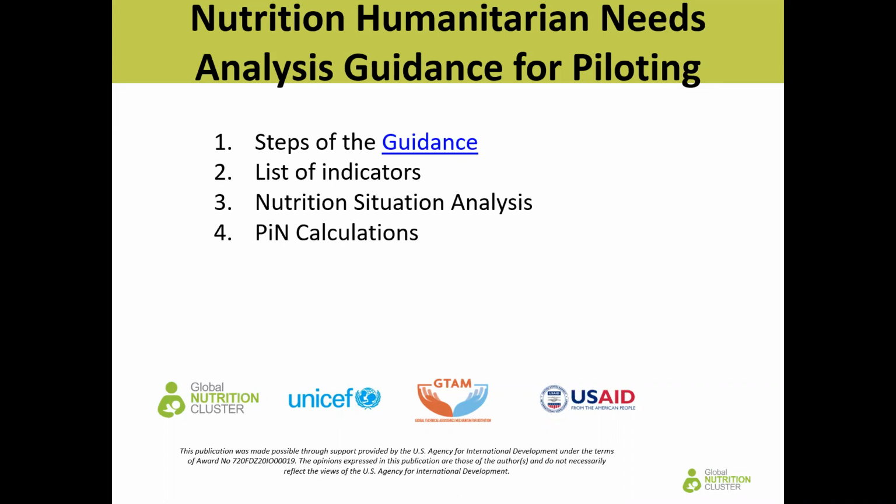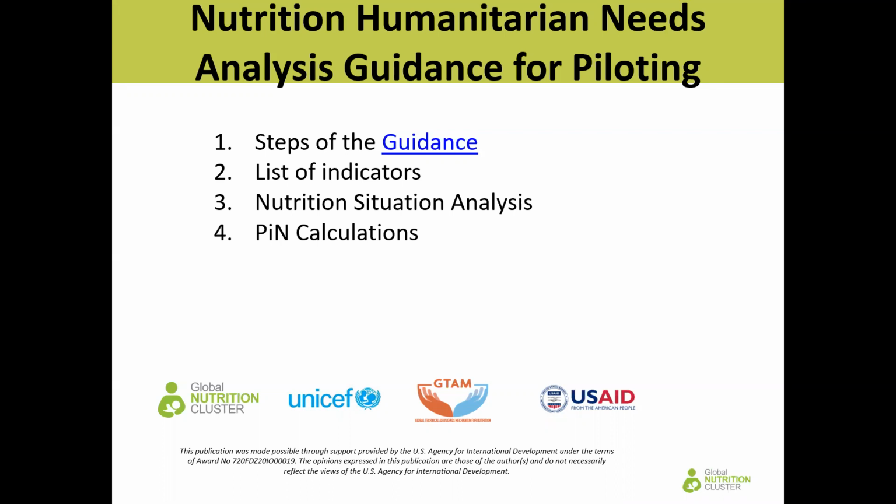What are the key indicators? And how does that feed into the nutrition situation analysis and PIN calculations, with a primary focus, once again, on that sectoral analysis piece. But you'll be seeing that if anyone has dived into the JIAF guidance, there are a number of alignments.